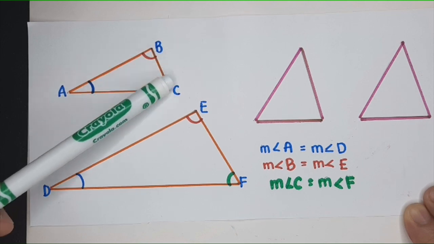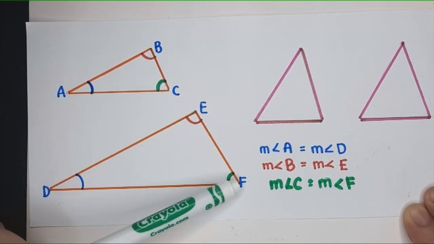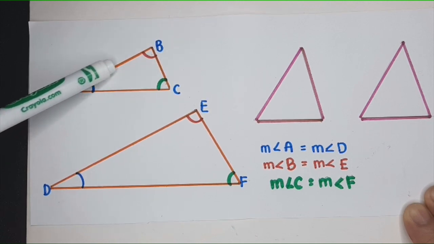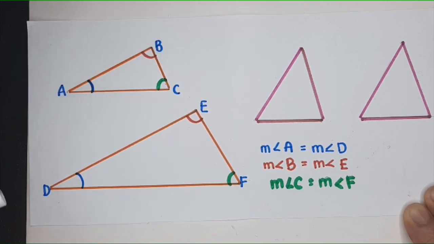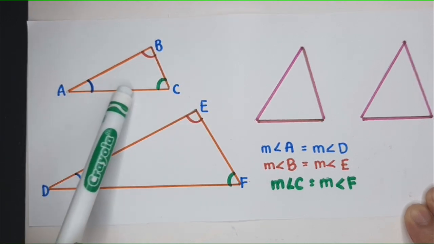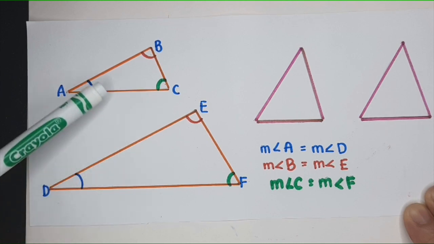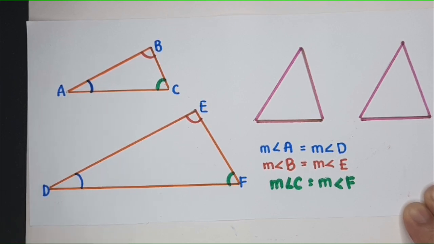So, yung times 2 na yon, lahat nag-a-apply sa other sides of the triangle. For example, itong AB, I will multiply this by 2, I will get this side. And this side, AC, I will multiply this by 2, I will get this side. Ibig sabihin nun, the ratio of the lengths of their corresponding sides are equal.